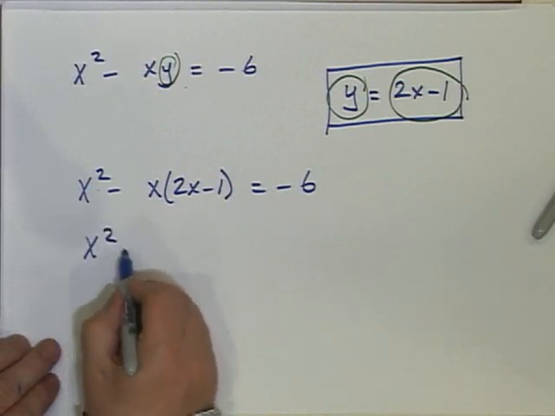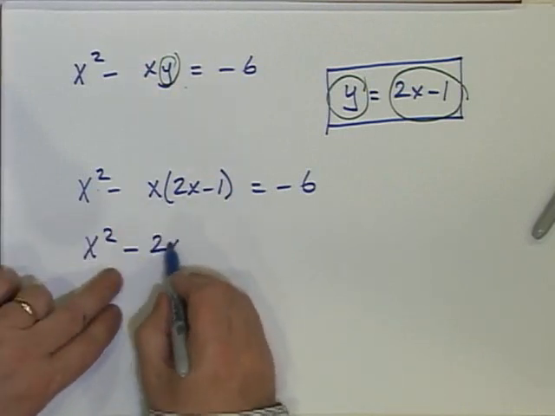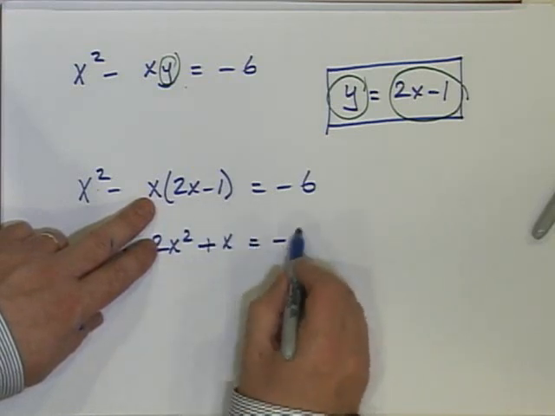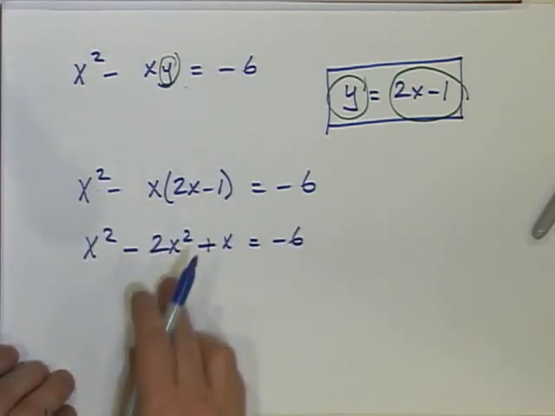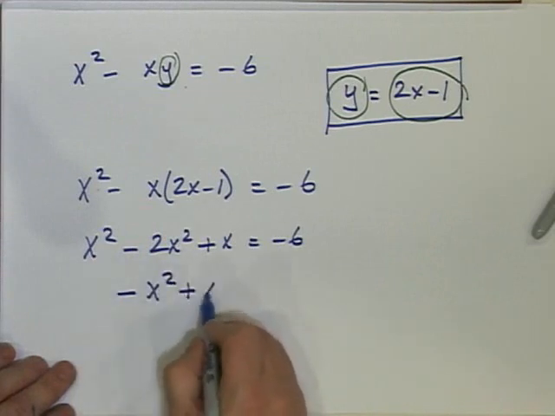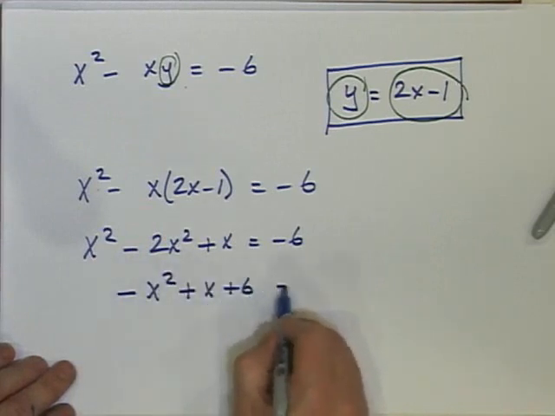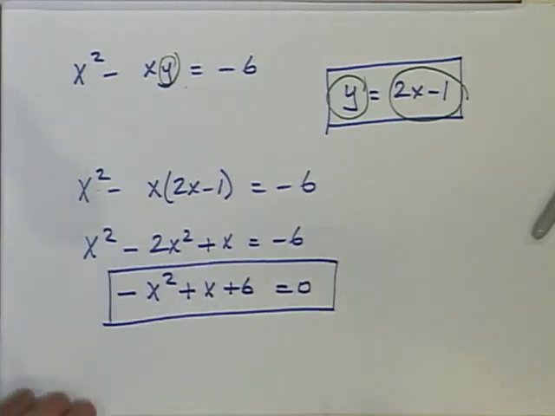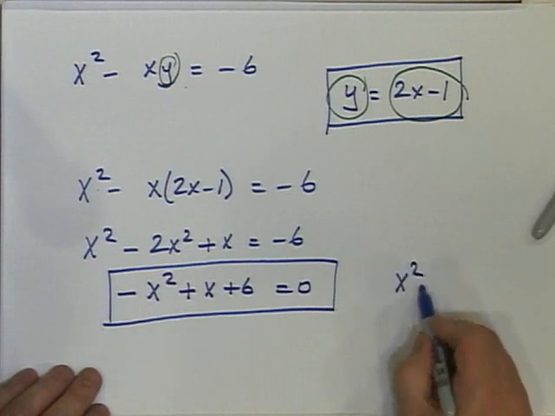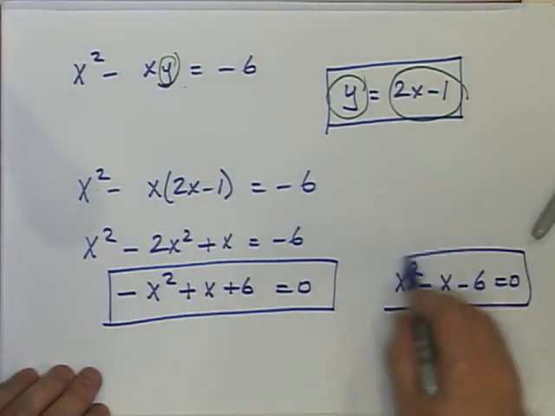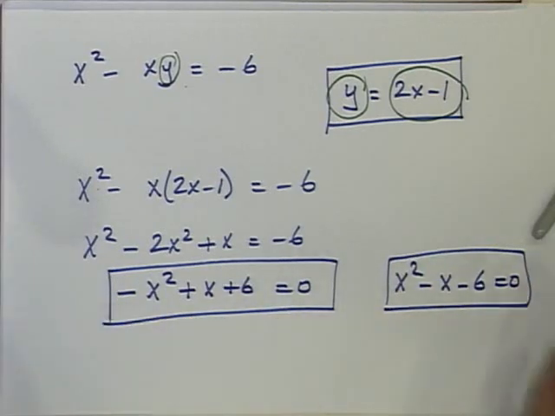So I get x squared minus 2x squared, multiplying in x by, that's plus x, is minus 6. Now I get minus x squared overall, plus x, plus 6 is naught. I could decide to change that if I wanted to x squared minus x minus 6 is naught, just multiplying everything by minus 1 if I wanted.